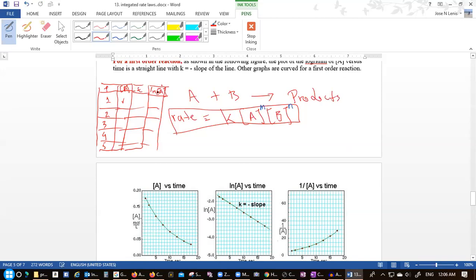Take your calculator, take concentration of A, find natural log of A, put it here. Second, put it there, and so on and so forth. Every concentration you found, find natural log, and then graph this against time. That's the second graph. And then add one more column to your data. The next column will be what?